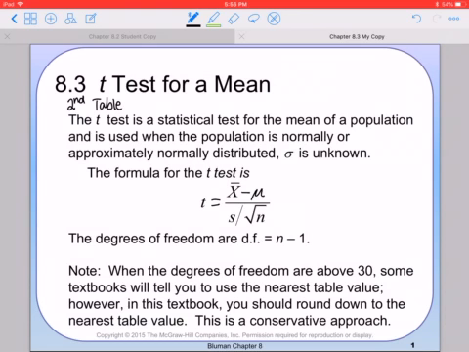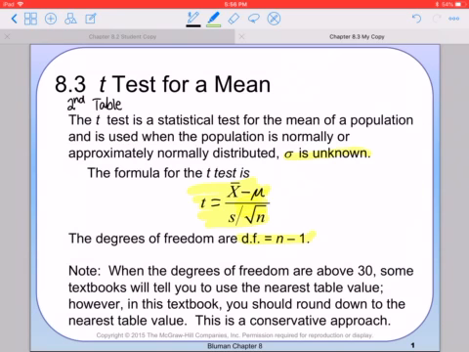All right, so this is when our sigma is unknown. We use our t-test. And so this is our equation that I want you guys to remember. I will give it to you. We got our degrees of freedom, which is our favorite equation. You just subtract 1 from whatever your sample size is.